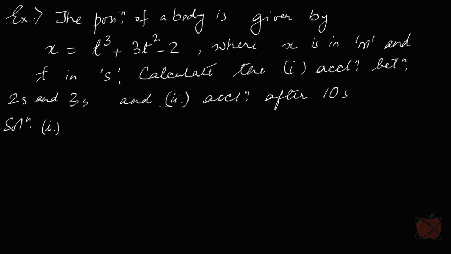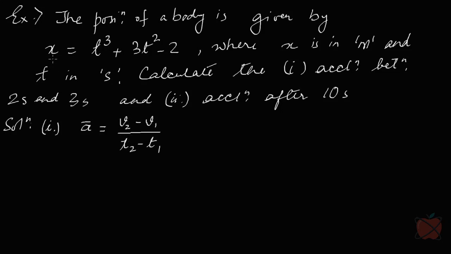We know that v1 first of all. So what is v1? V1 here is the velocity at the time t1, and v2 is the velocity at the time t2.